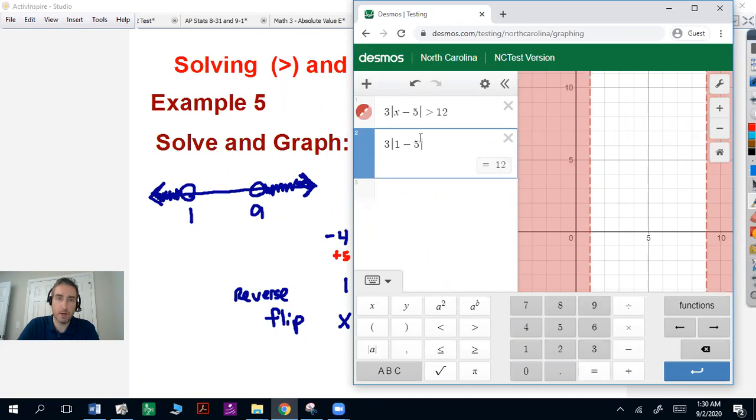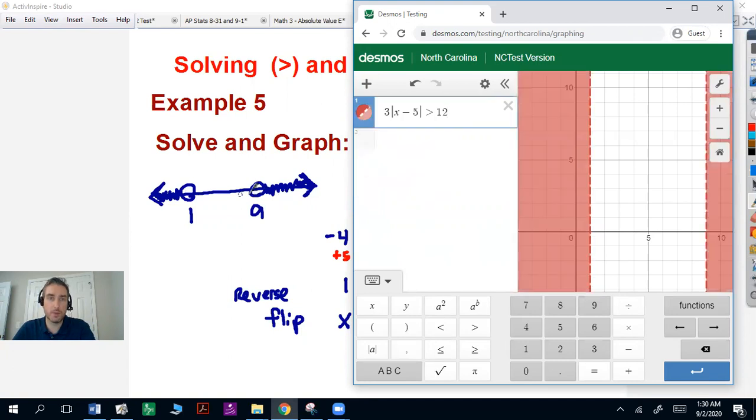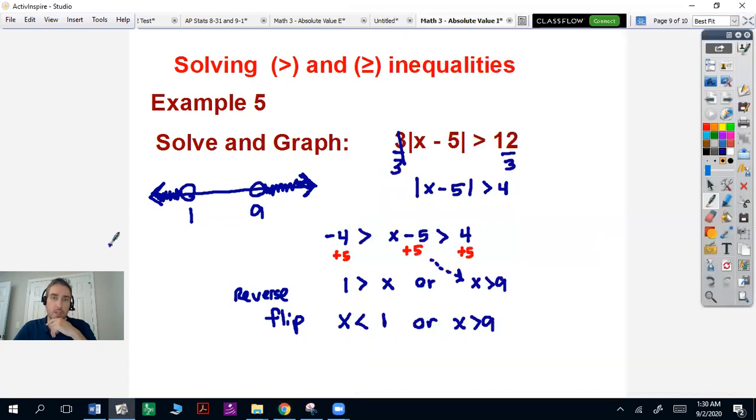It's not greater than 12, so 1 doesn't work. But if I throw in 0, that's going to give me 15. That's bigger than 12. The same thing if I go in the high end. If I put a 9, that's going to give me 12. We don't want an equal in this case. But if I put a 10, that's 15. 11, 15, 18. So any of the numbers outside of the numbers between 1 and 9 work in this case. That's where the number line plays in.